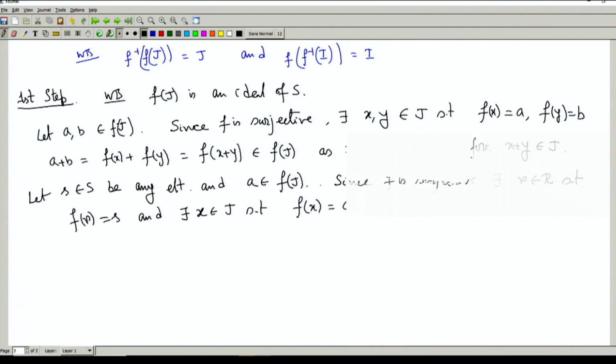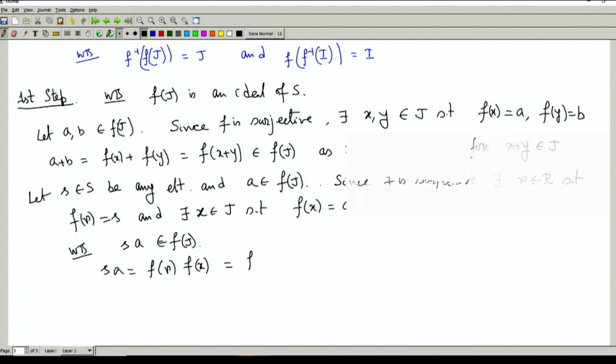Now, I want to show that s times A belongs to f of J. But what is s times A? s times A is nothing but f of r times f of x, and f is a ring homomorphism.